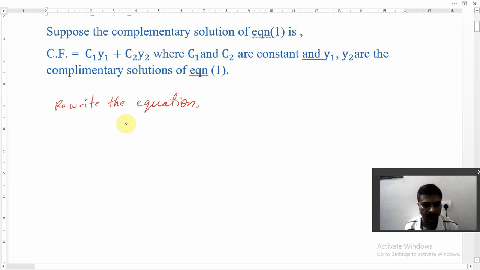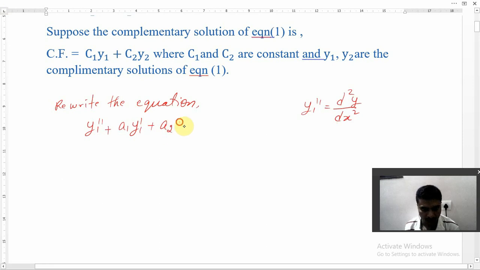Okay, students, so we rewrite equation 1. I will take y1 and y2 in two different equations. y1 double dash is nothing but d square y upon dx square; you have already gone through it.